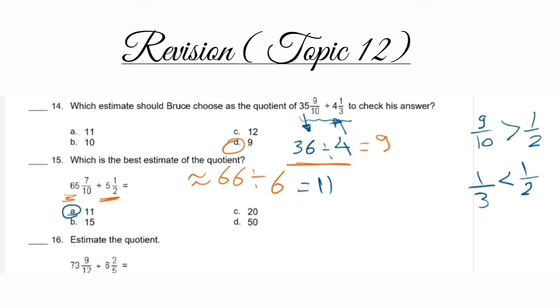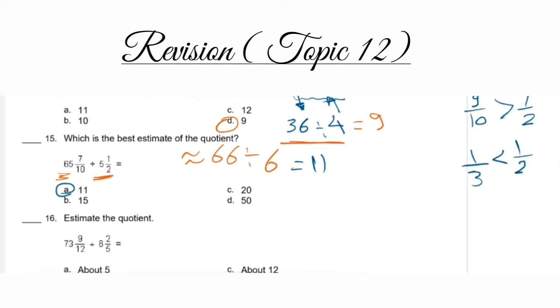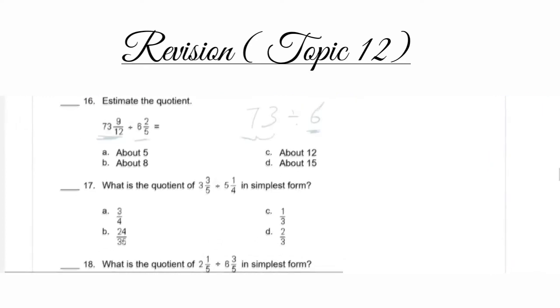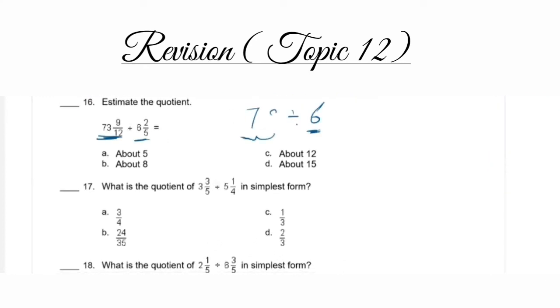Let's move to the next question. So I will make this 72 to be a compatible number with 6. And 72 divided by 6 is 12. So our estimation is 12.